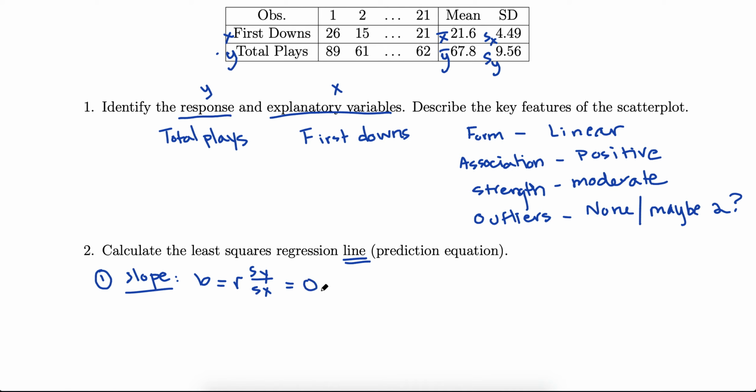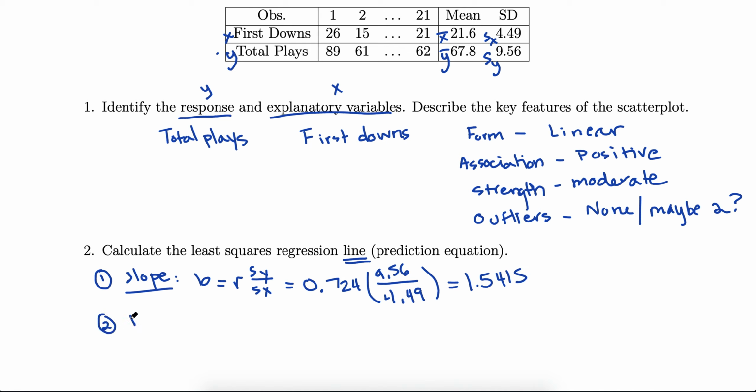So the correlation they gave us at the beginning of the problem, 0.724. And we've labeled our standard deviations and means up here to use. So our sy was the 9.56. Our sx was 4.49. And when you work that out, you're going to get 1.5415.